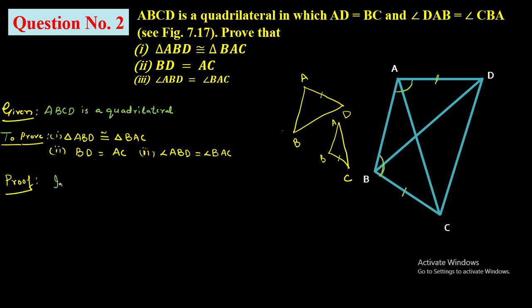So let's take these two triangles. In triangle ABD and triangle BAC, it's given that AD is equal to BC. Then it's also given that angle DAB is equal to angle CBA.